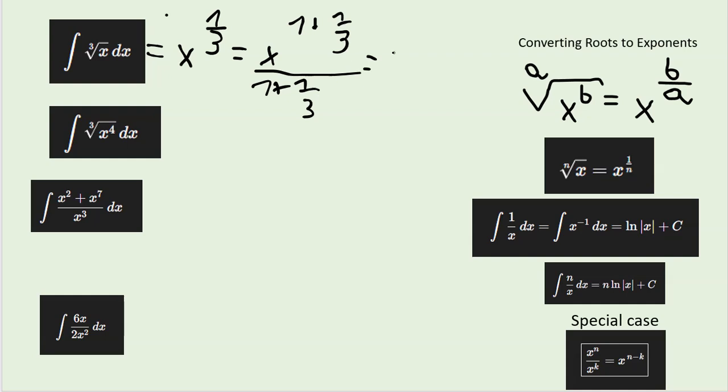So it's going to be x to the power of 4/3 divided by 4/3. And again, you see you can apply this method of dividing a fraction by multiplying by the reciprocal, so it will equal 3/4 x to the power of 4/3. And that's the answer.